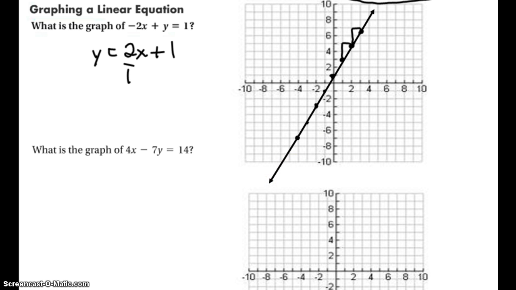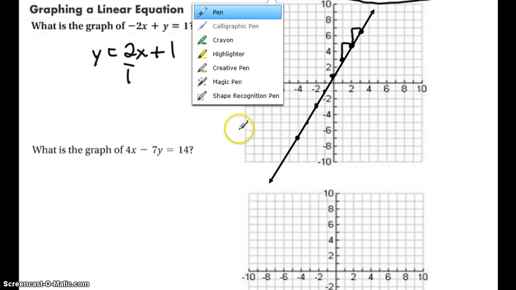There's our linear function. Again, all we did was go right to the y-intercept, 1, then do what the slope told us to do, up 2 over 1, up 2 over 1, up 2 over 1. And if you recall from the video yesterday, this is a positive slope.